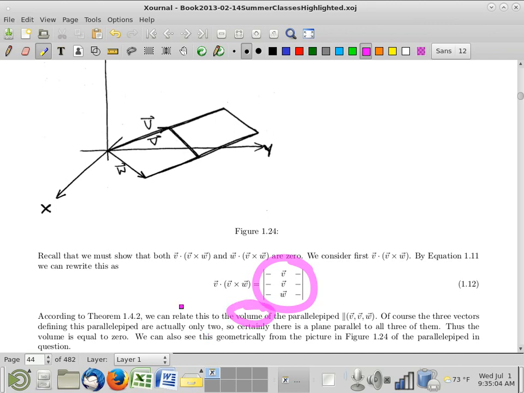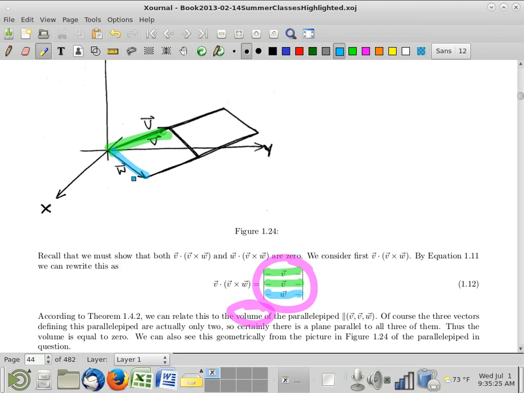So the dot product we're trying to compute by way of a connection to this, to that, is a volume of a particular parallelepiped. Now specifically, it's the volume of the parallelepiped who has two vectors defining it that are actually the same vector, and then the third vector defining it is that other vector.